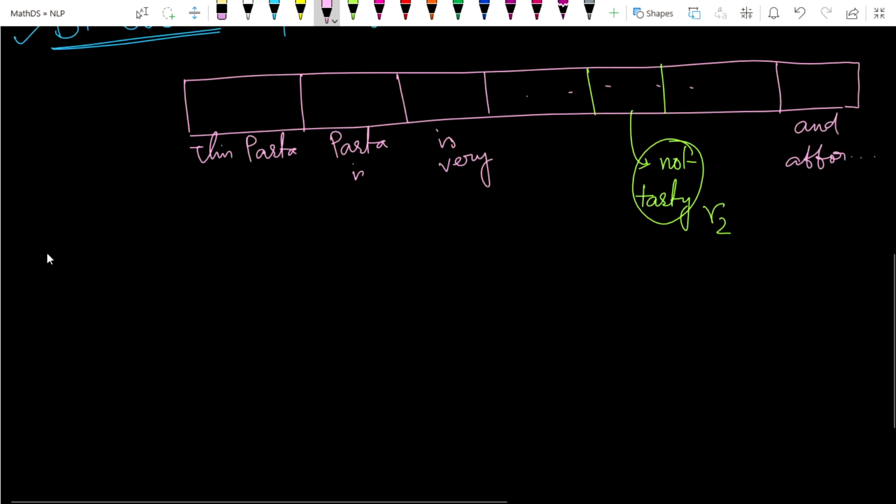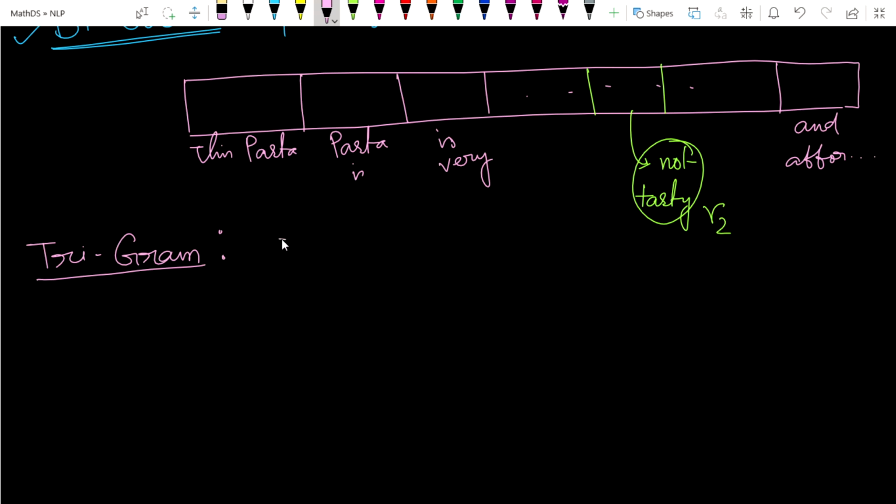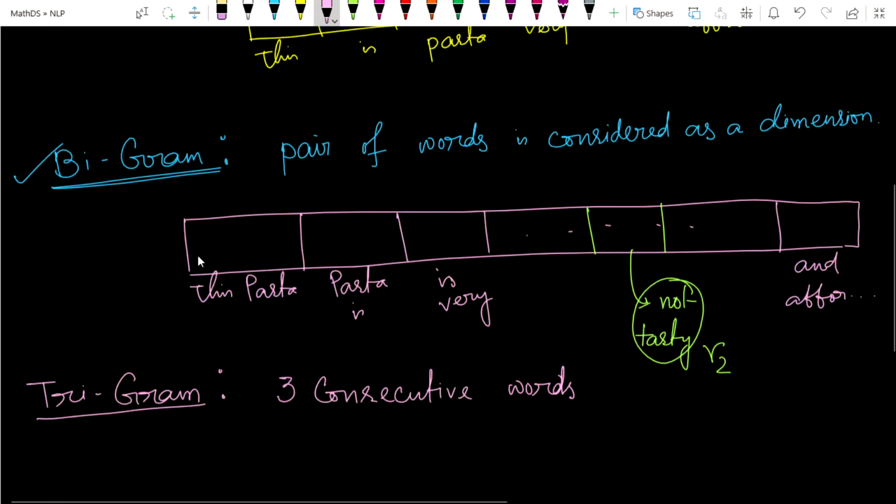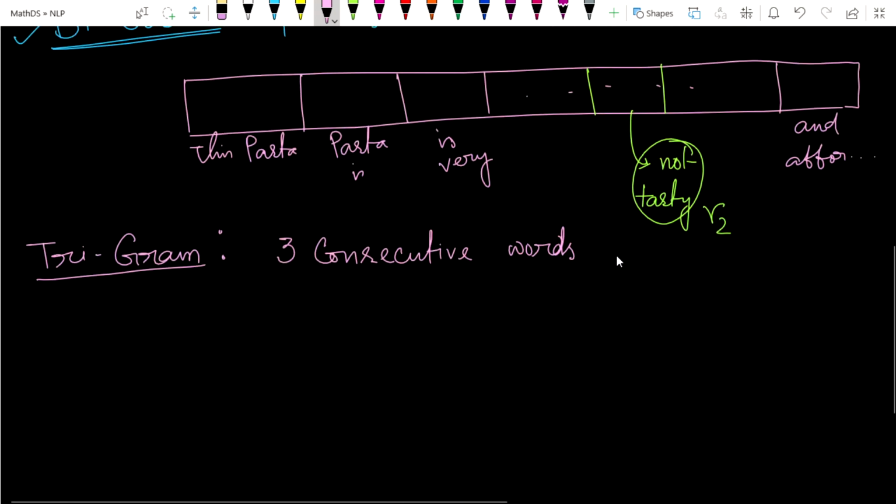So the trigram will be three consecutive words, and that helps us get more information than from bigrams.